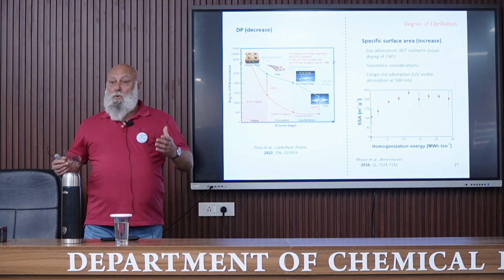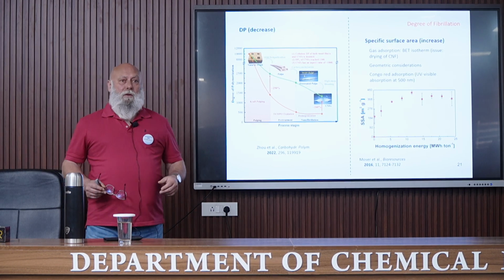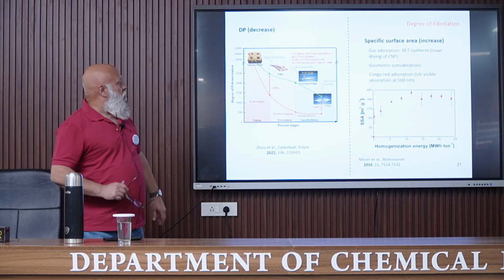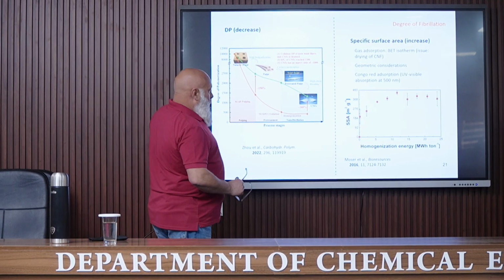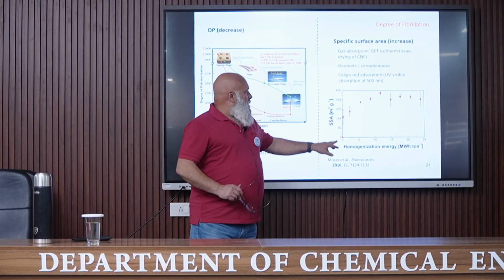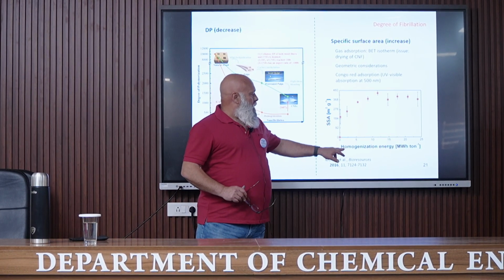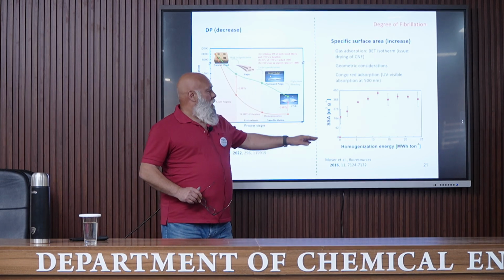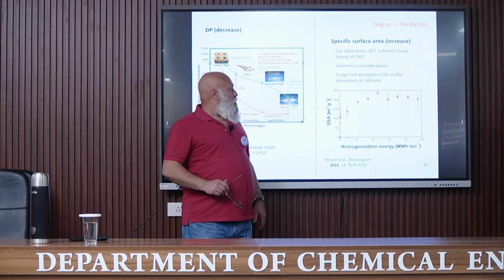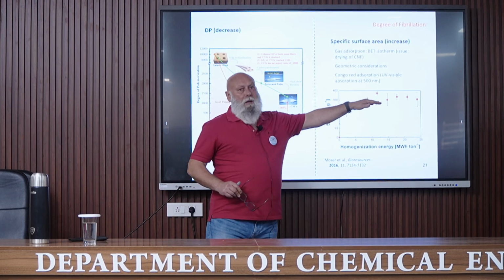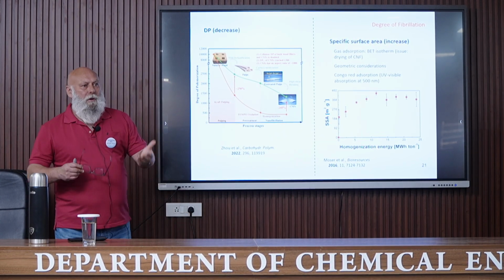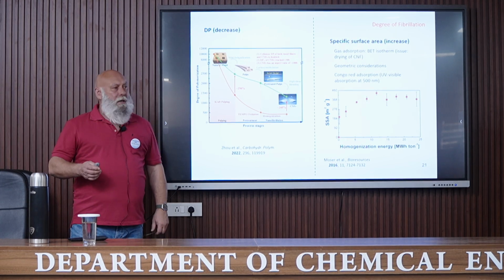And of course, when drying cellulose nanofibrils, they tend to aggregate, which decreases the specific surface area. You can see here the evolution of the specific surface area as a function of the homogenization energy or the severity of the treatment. It increases, and then it stabilizes because no further fibrillation can be obtained.